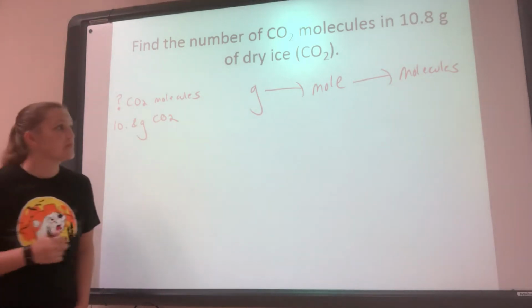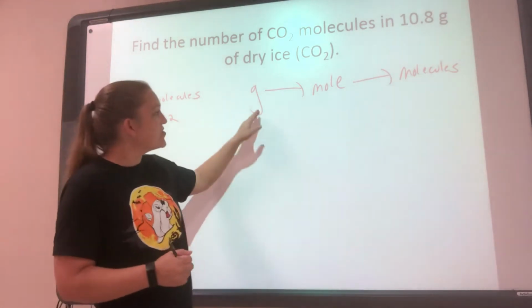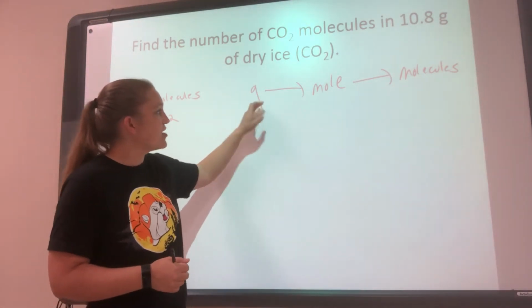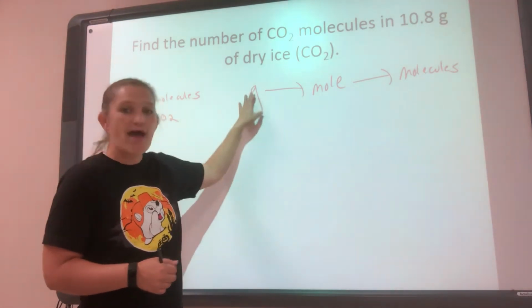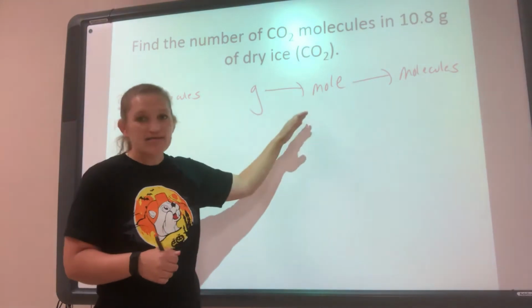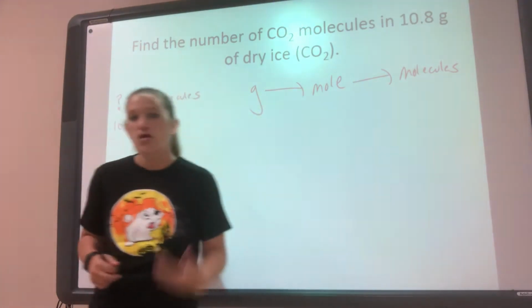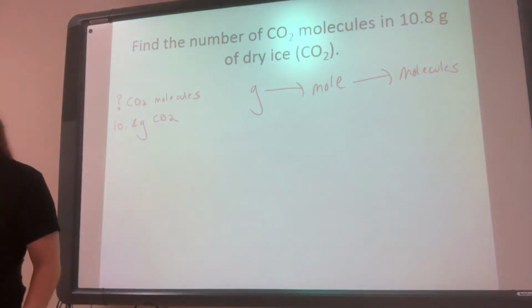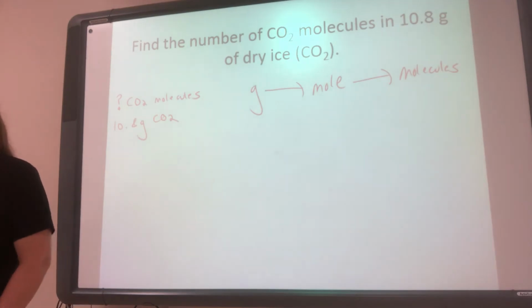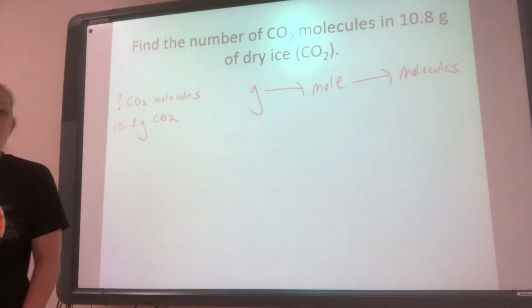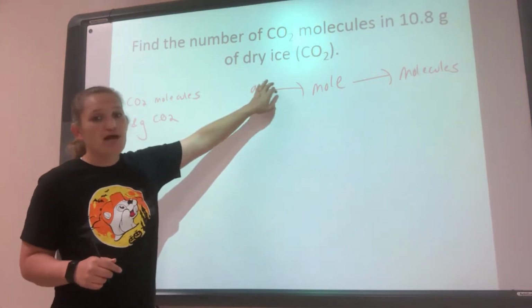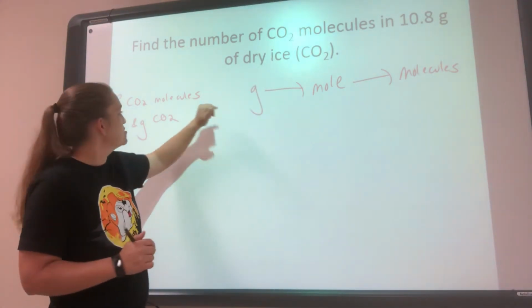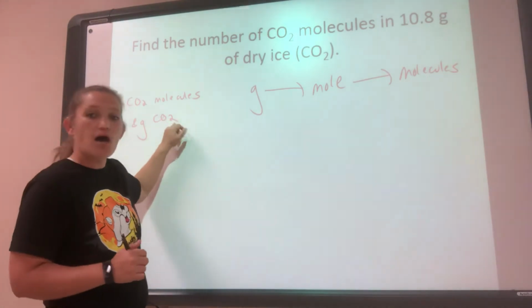All right, let's refresh this. What did we say was my conversion between grams and moles? Remember, grams is like a mass, so this was like a mass to go from grams to moles. So that was the molar mass, and that came from my periodic table. That's when we were doing an element, okay? So molar mass is correct-ish, but we're not doing an element, we're doing a compound.